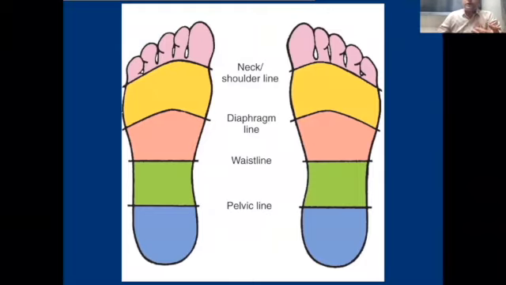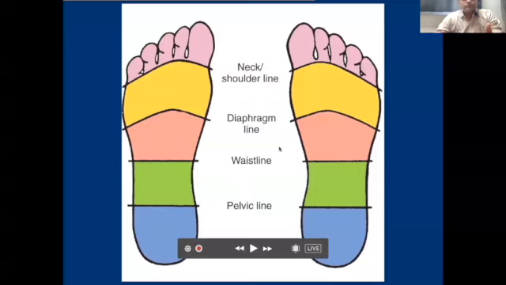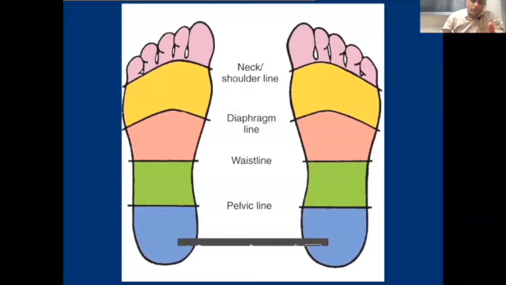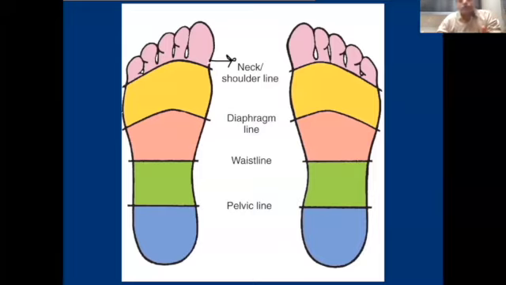So very simply, this is the first classification. We can divide the whole feet with the help of 4 lines. We are seeing here in the presentation, and we will also see it on the feet. When the toes are ending, that is line 1, and this line is called the neck or shoulder line.